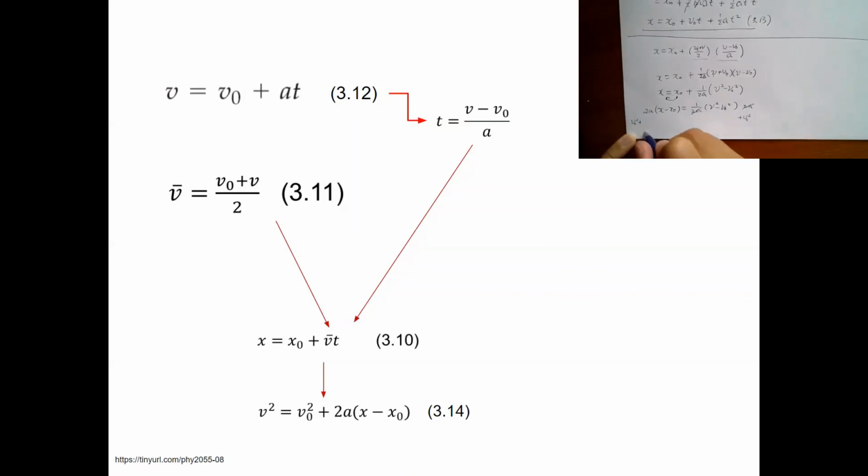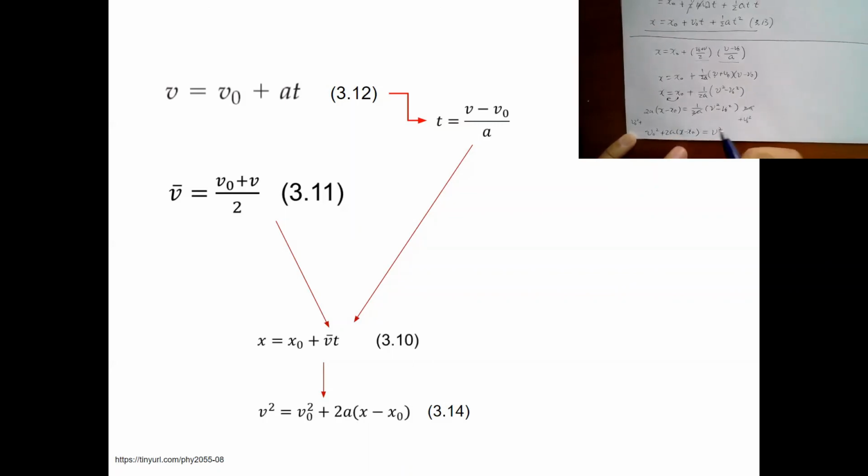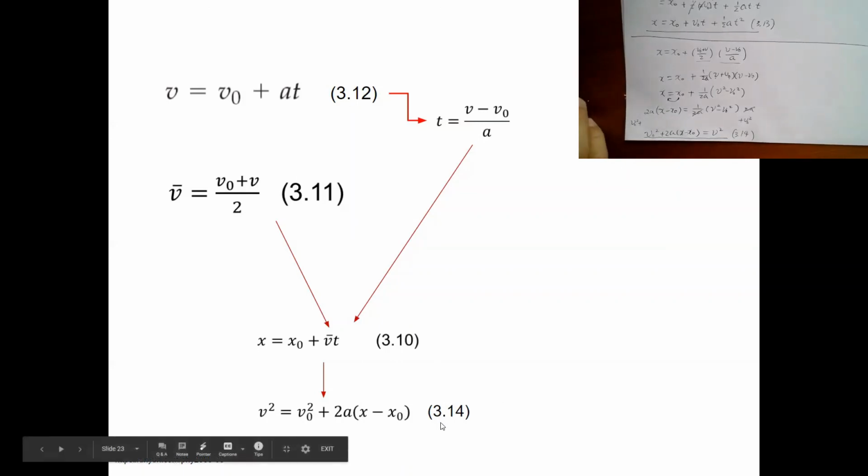Then you'll have v0 squared plus 2a(x minus x naught) equals v squared. So this is basically equation 3.14. You just put the v squared on the left hand side and this expression on the right hand side. This is how this equation is obtained.